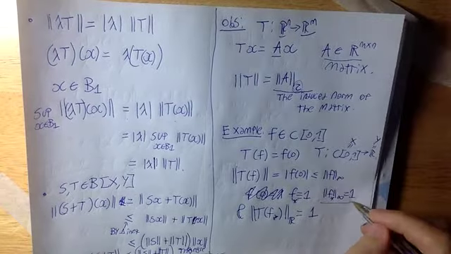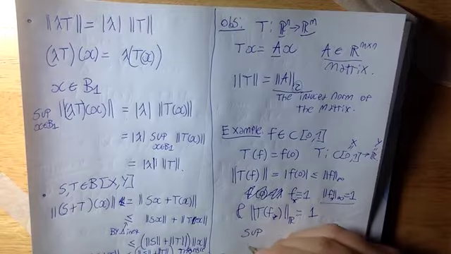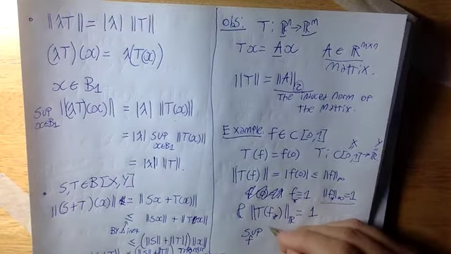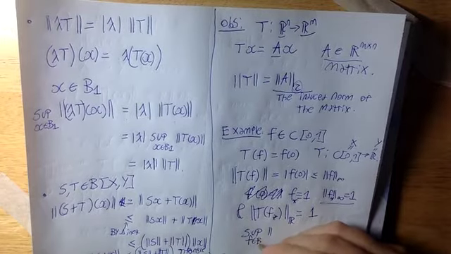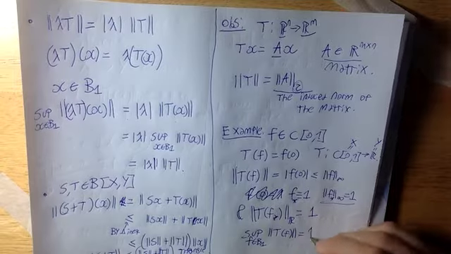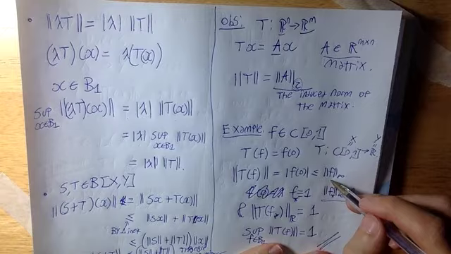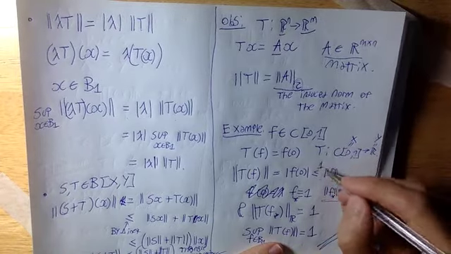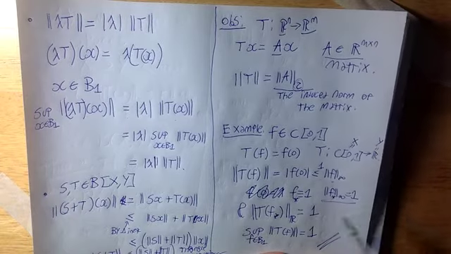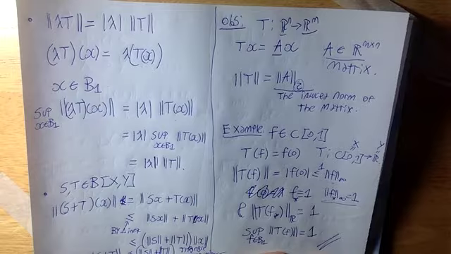Okay, so in particular, what we have shown is that the supremum over the norm of f in B1 of the norm of T of f is equal to exactly 1. This is because it is less or equal than 1 times the norm of f infinity, and if we take f tilde, which is exactly equal to 1, then we get that T of f tilde is equal exactly to 1.